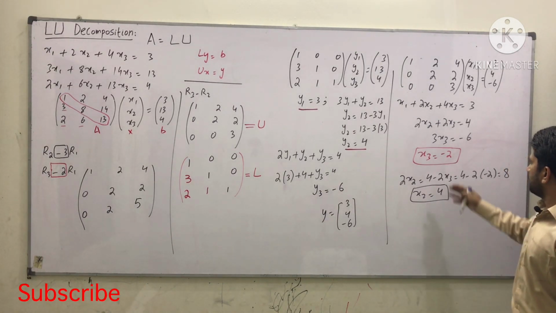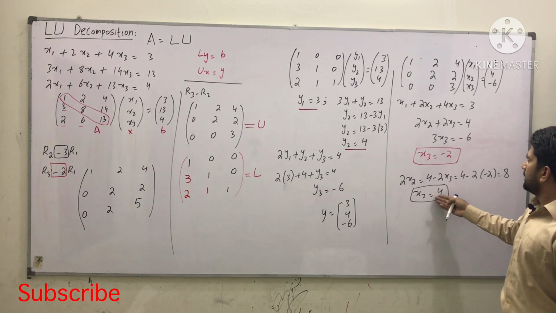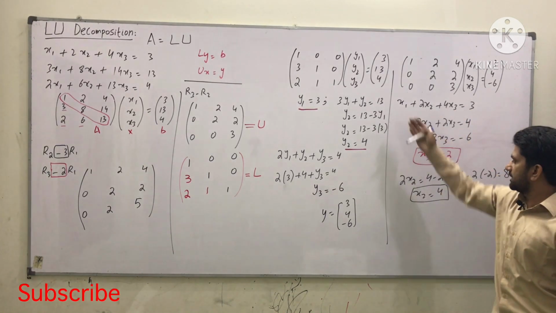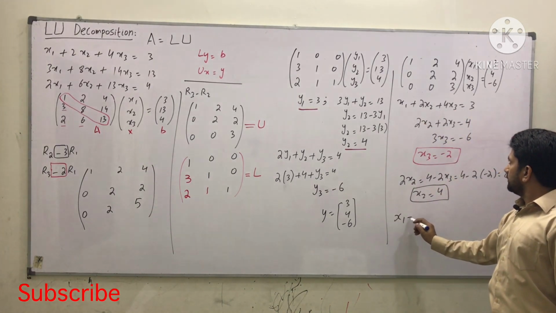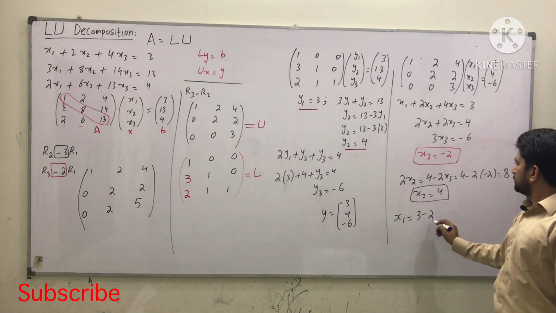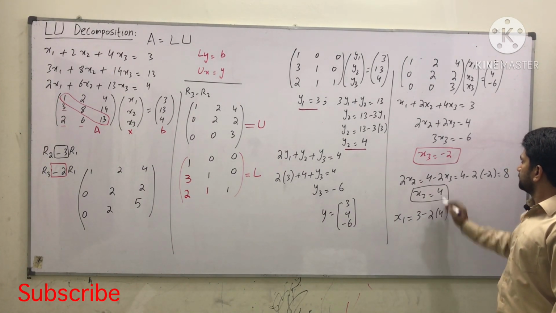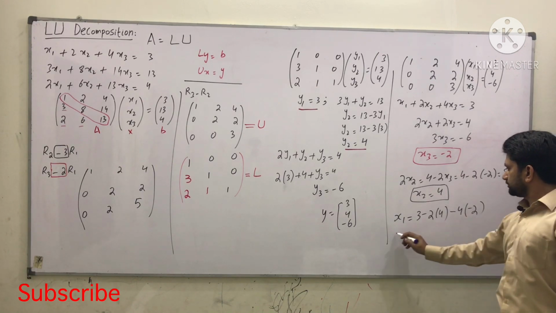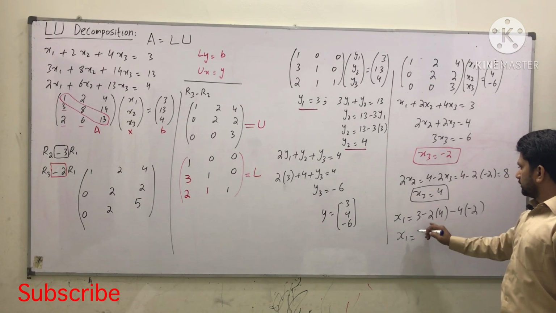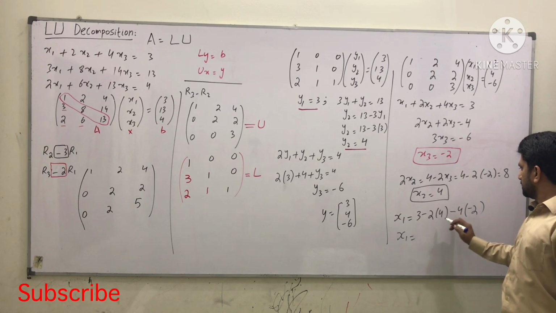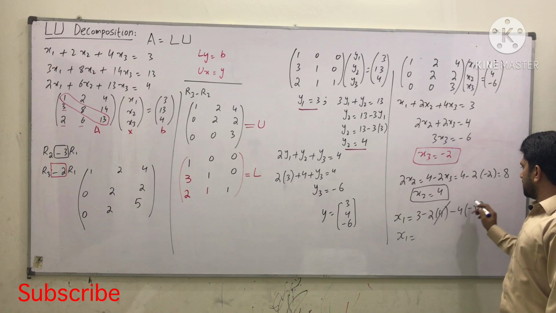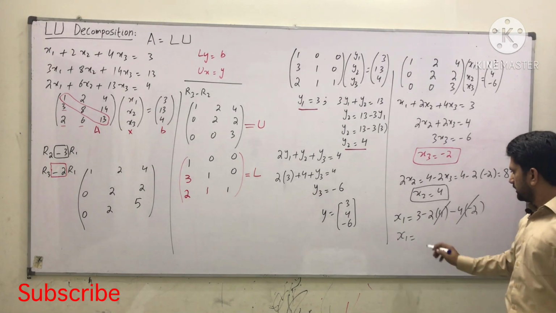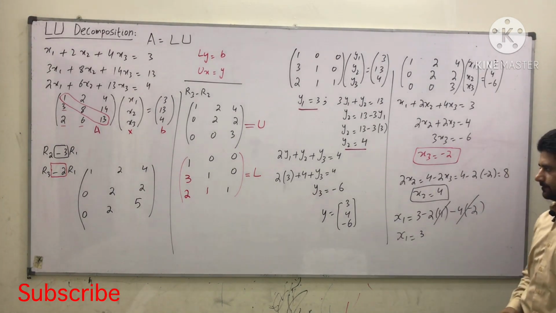I have the values of x3 and x2. I put them in this equation and I get x1. So x1 will be 3 minus 2 times x2, which is 4, minus 4 x3, which is minus 2. So 3 minus 8 and plus 8. This minus 8 and plus 8 will cancel out, and x1 is 3.